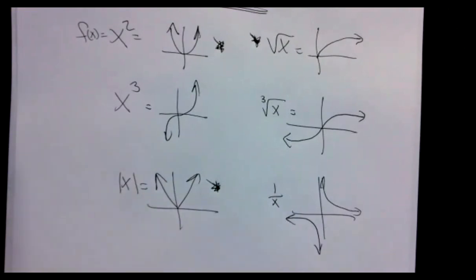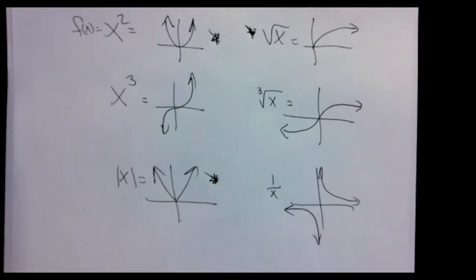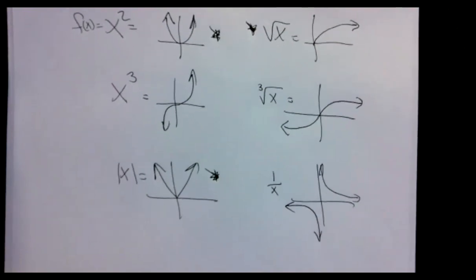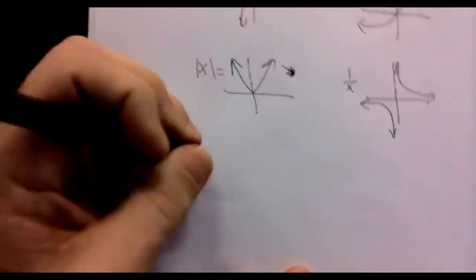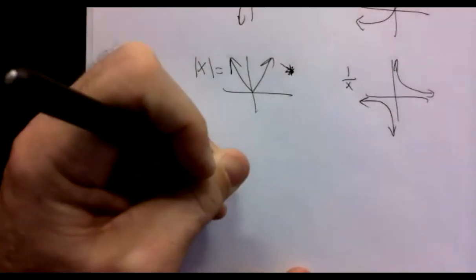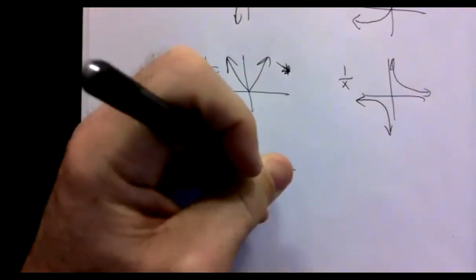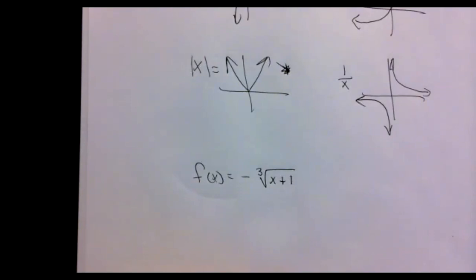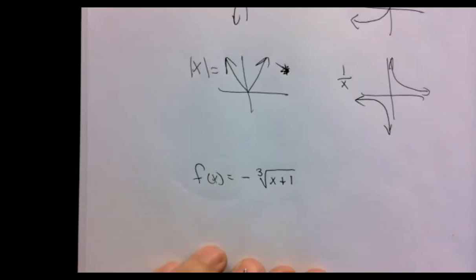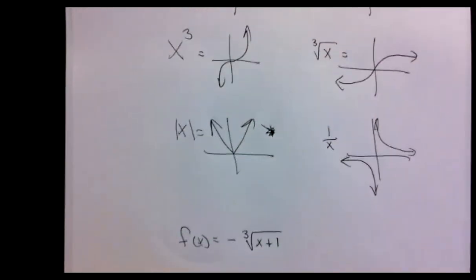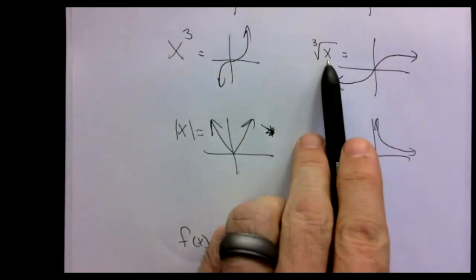And again, the parameter changes are all the same regardless of whatever function we're talking about. So if I said f of x is negative cube root of x plus 1, okay, that's going to take our cube root of x function.